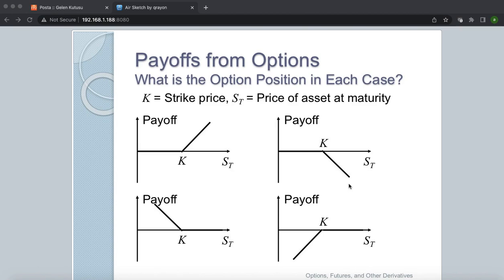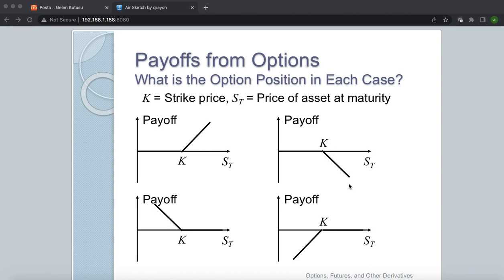So here you can find all 4 different situations if we have a position in a call option or put option, and it can be a long position or a short position.